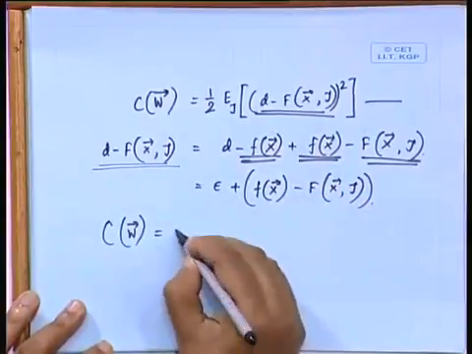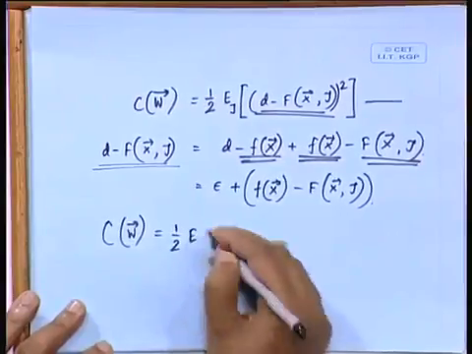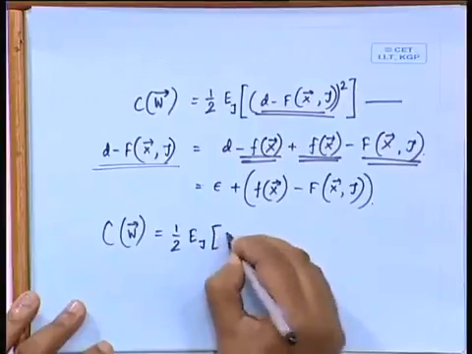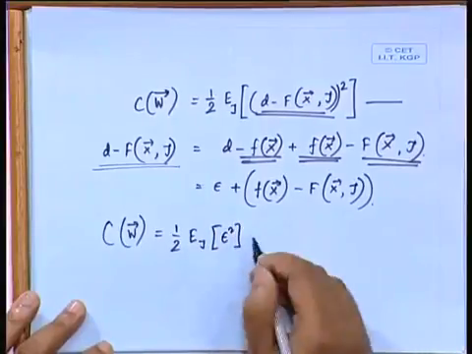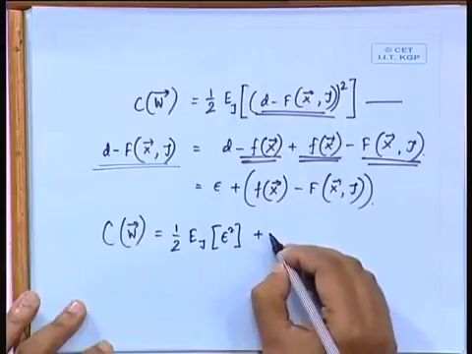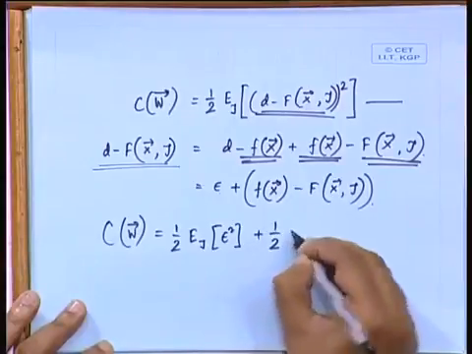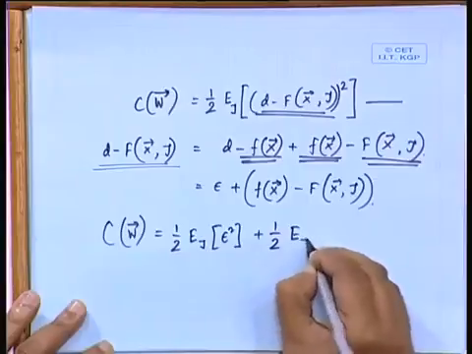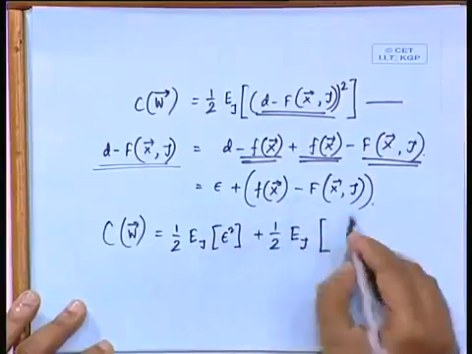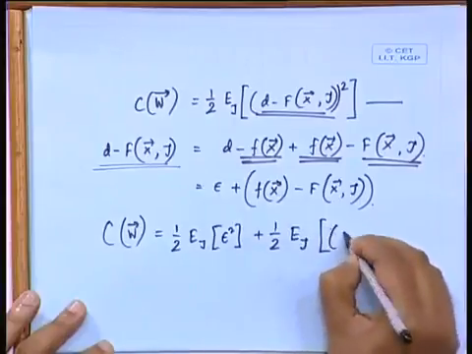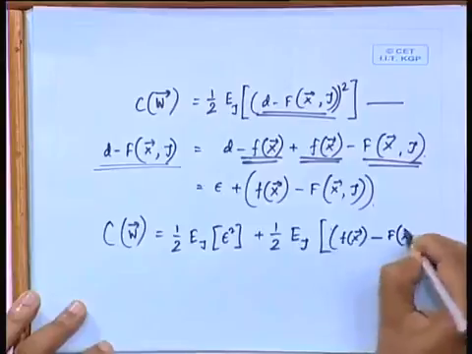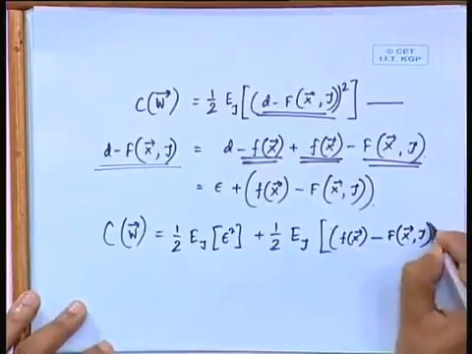So, there will be a term half of E_T of epsilon squared, plus another term which will be half of E_T of the square of f(x vector) minus F(x vector, T).